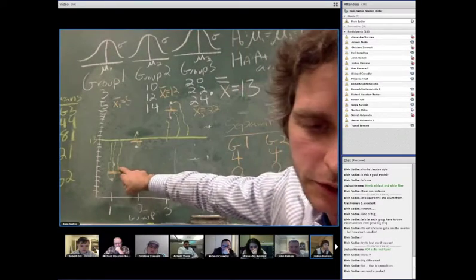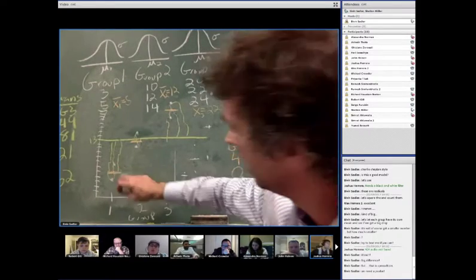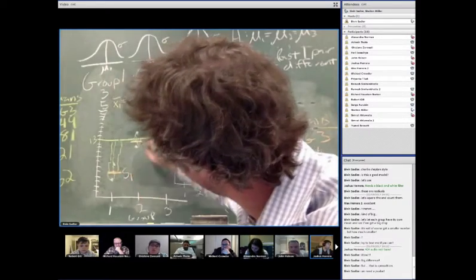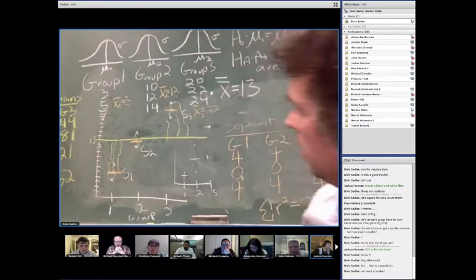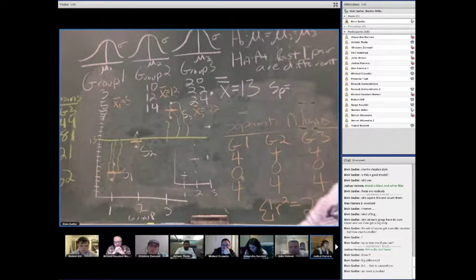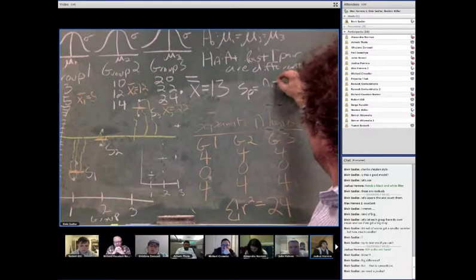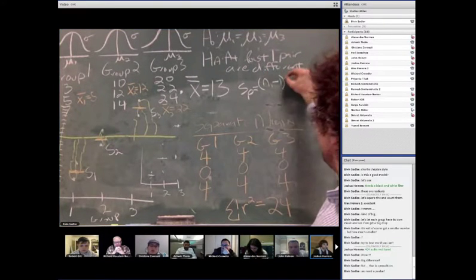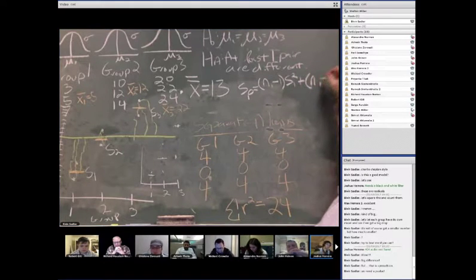And the pooled standard deviation is thus N1 minus 1 times S1 squared plus N2 minus 1 times S2 squared plus N3 minus 1 times S3 squared, divided by N minus 3. I'll just call that the pooled variance.